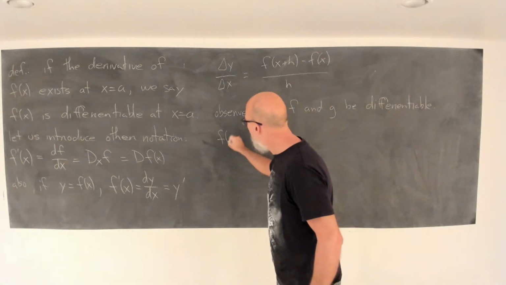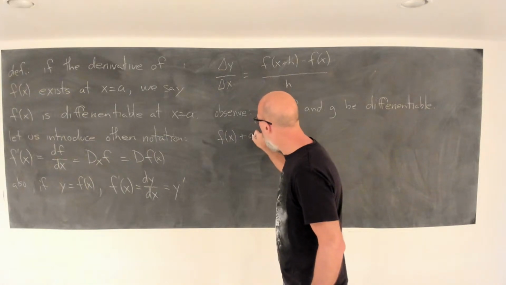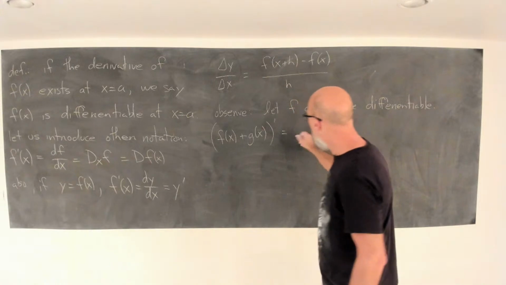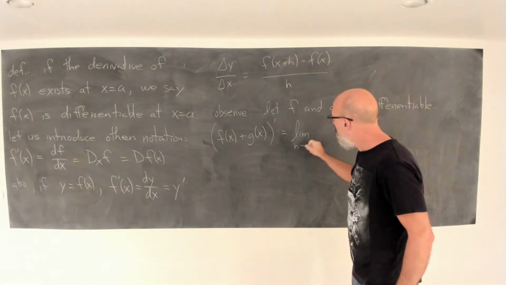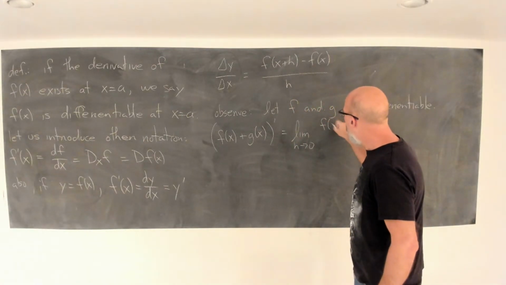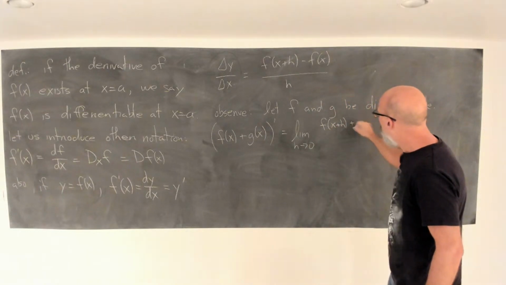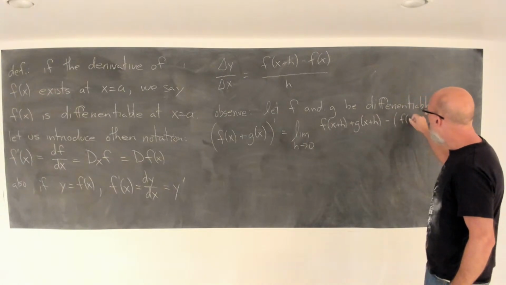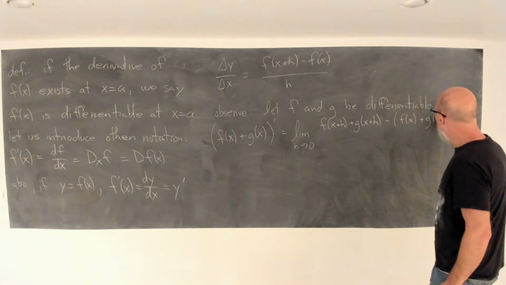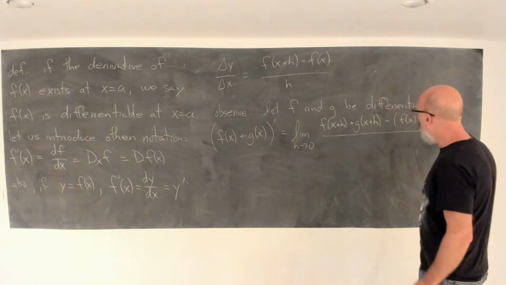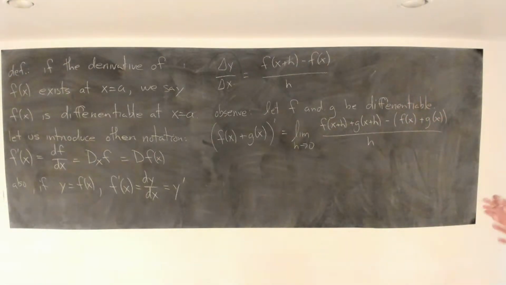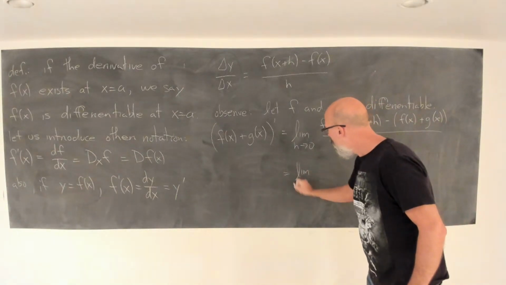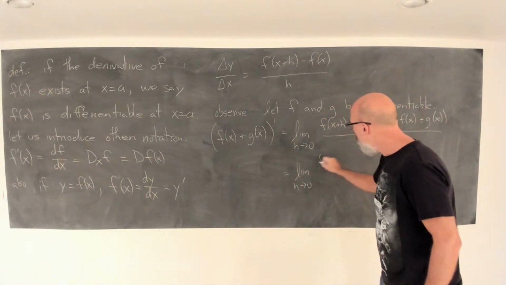Observe that the derivative of the sum, which is the limit of f of x plus h plus g of x plus h minus f of x plus g of x all over h, you can split that up into two limits.